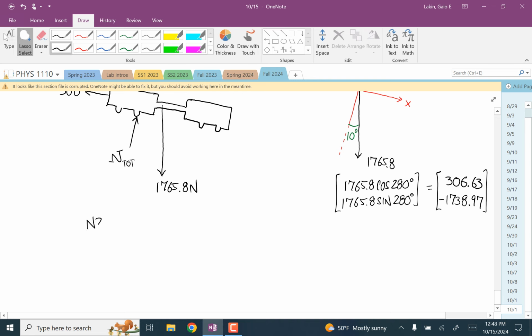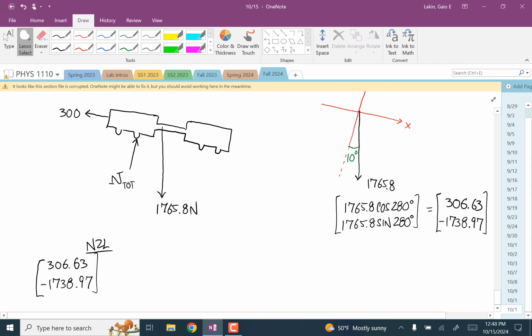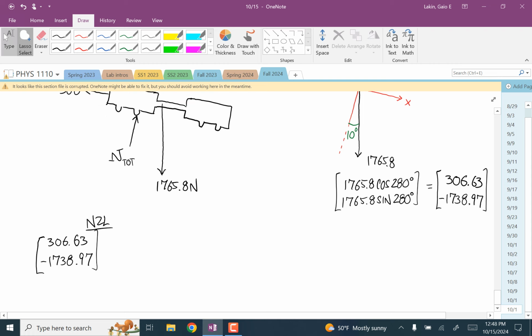And now I'll go to Newton's second law. So there's the weight force that I just calculated. Then there's the 300 that's in the negative x direction, so that's negative 300, 0.